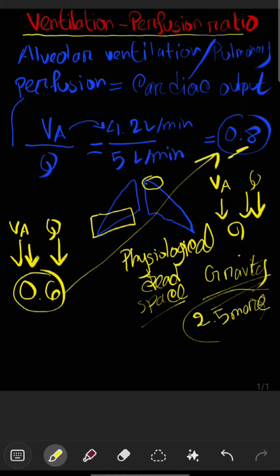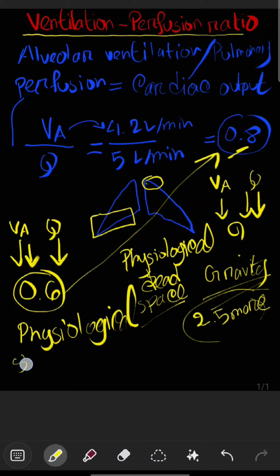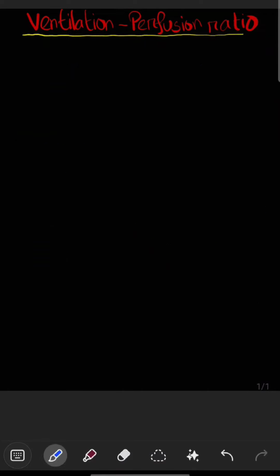So the ratio is 0.6 times than the normal value, and it will represent physiological shunt. Why? Because a small amount of blood cannot be oxygenated, and it is the significance of this ratio.